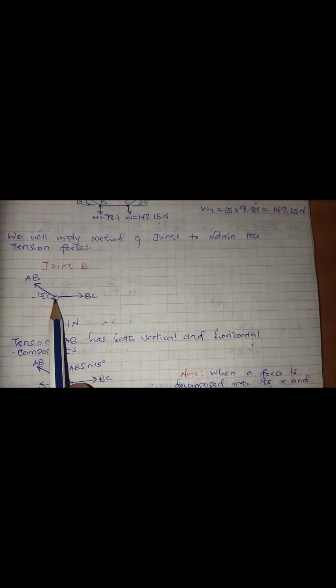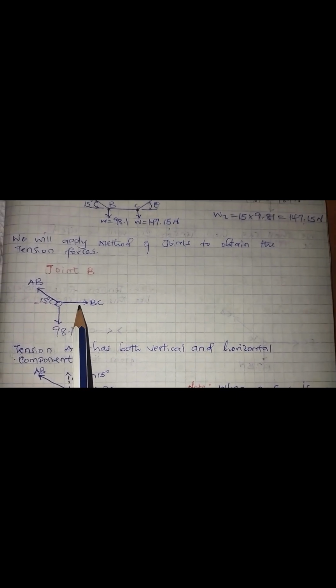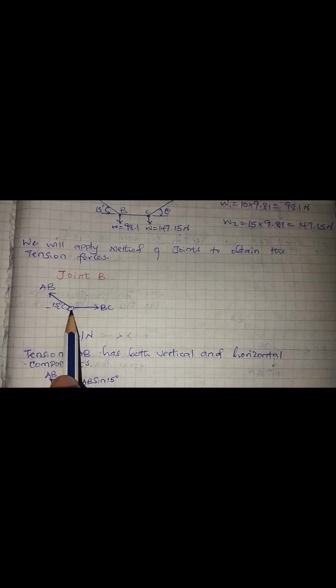Now this is joint B. Joint B is where the points are connected in this manner. You're going to assume that you cannot see past here, so you are dealing with only this. Tension forces always point away from the joint.